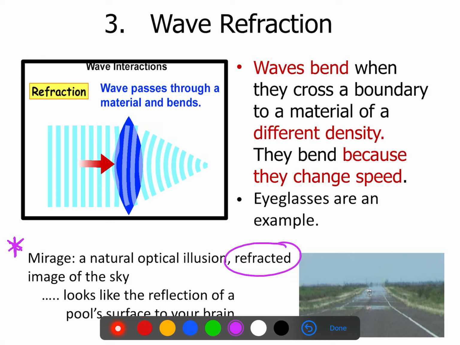So what happens is that the molecules on the surface of the road change density from the air farther above the surface. And whenever the light passes through the air molecules right at the surface of the road, because that air has a different density, the speed is going to be affected because it is now less dense.